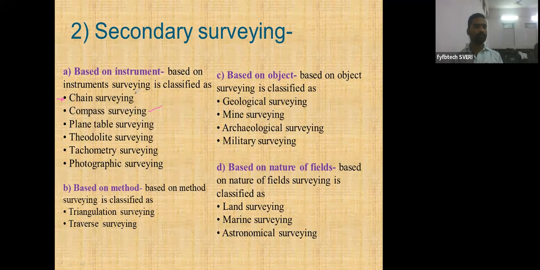Next, compass surveying. Next, plane table surveying. Next, theodolite surveying. Next, tachymetric surveying. Next, photographic surveying.